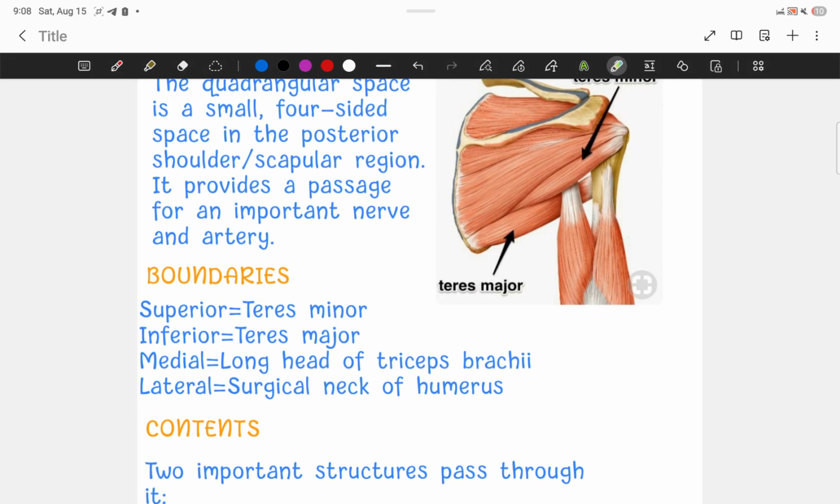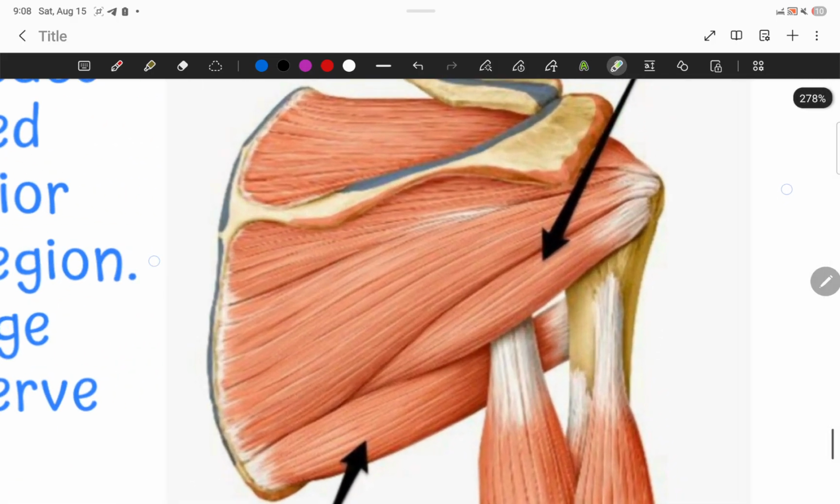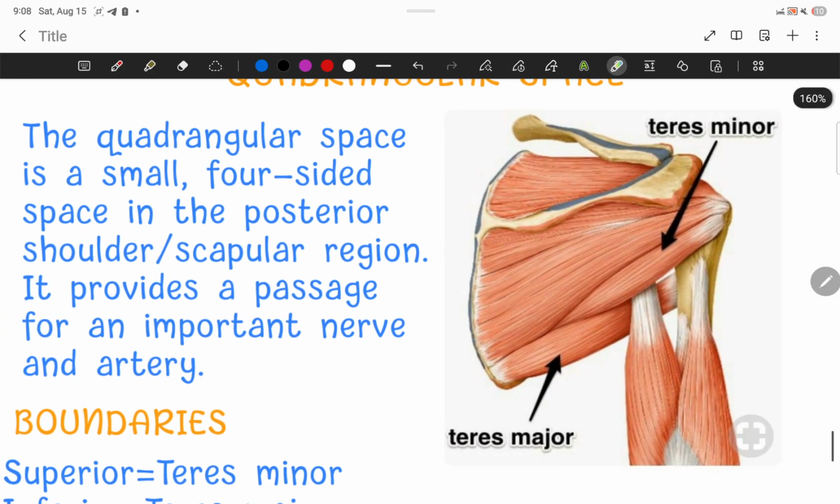It has superior, inferior, medial, and lateral. The superior is the teres minor. The inferior is the teres major. Medial is the long head of triceps, and lateral is the surgical neck of the humerus. If you want to memorize by vision, take a screenshot.